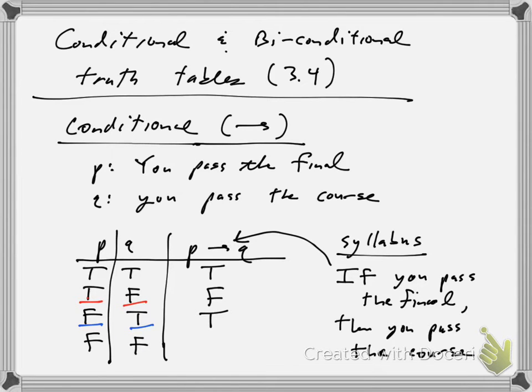Okay? So now, in this last case, going back to red, I didn't pass the final and I didn't pass the course. Well, again, he just told me that if I passed the final, then I passed the course. He didn't tell me what was going to happen if I didn't pass the final. He didn't guarantee that I'd pass or fail the course.